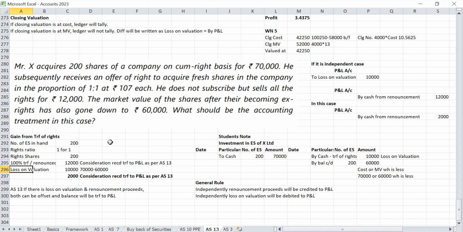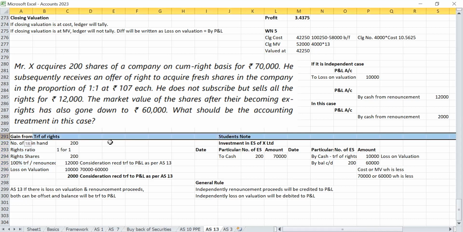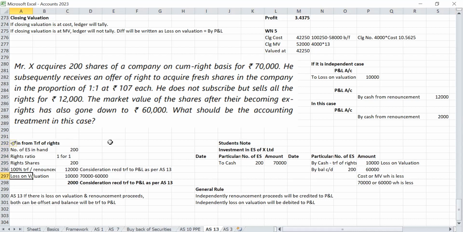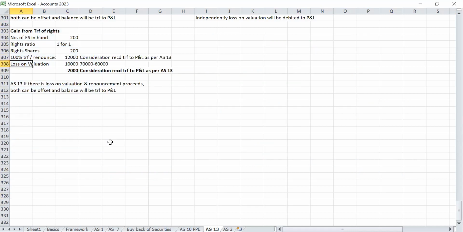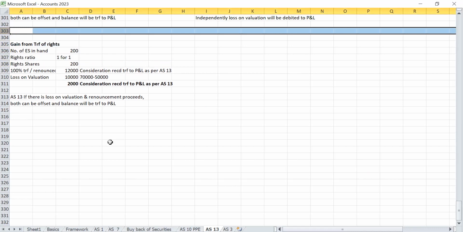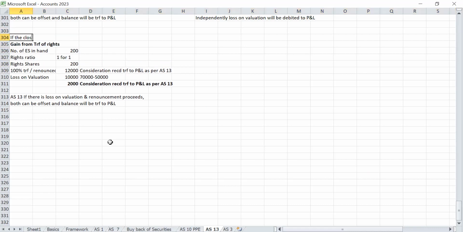So the 8,000 will be debited to profit and loss account. Or that also I'm writing separately. If the closing market value is 50,000, then my loss on valuation will be 20,000.